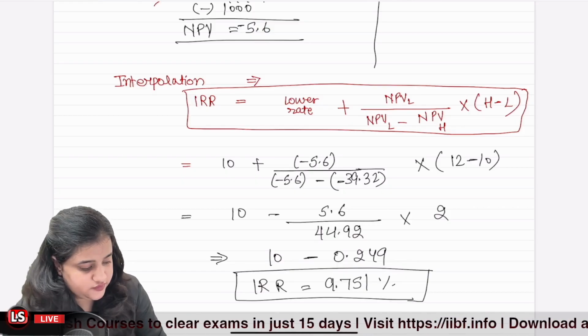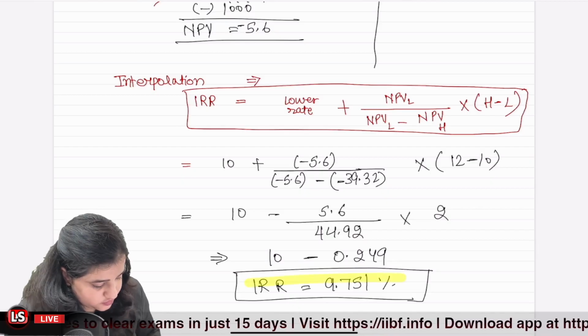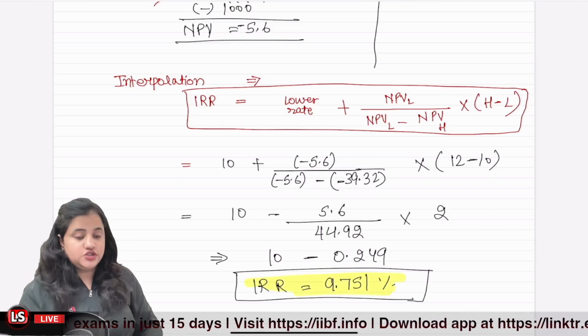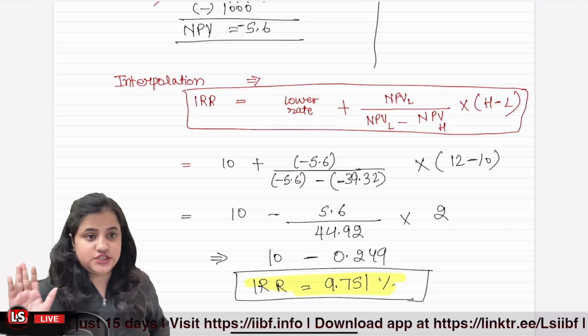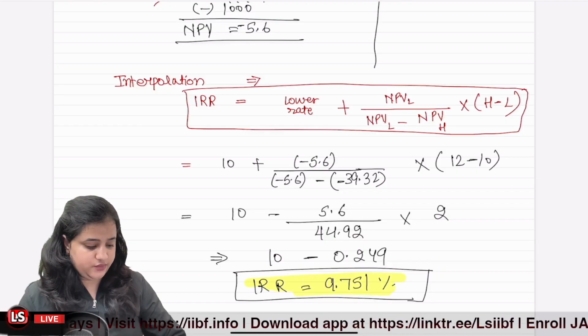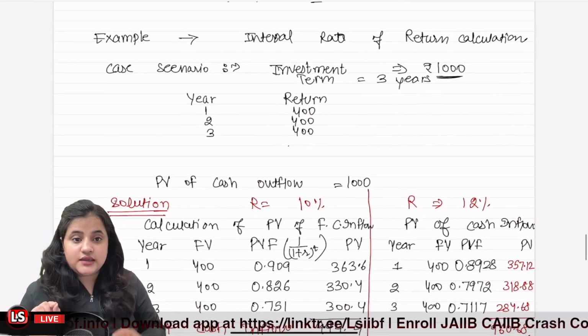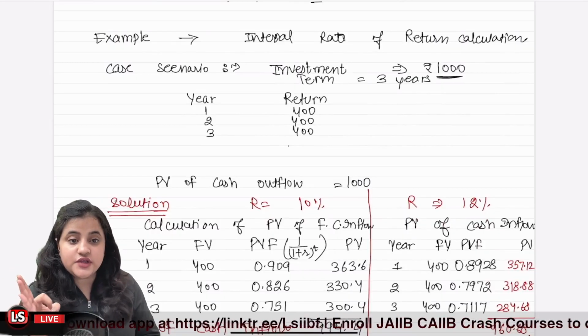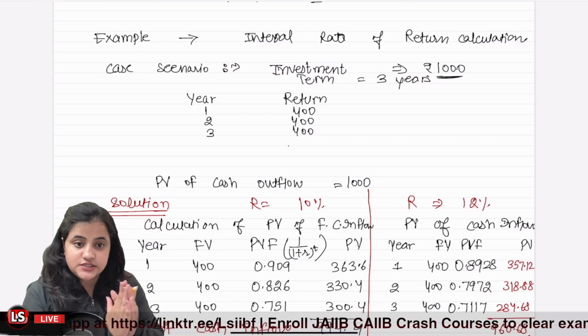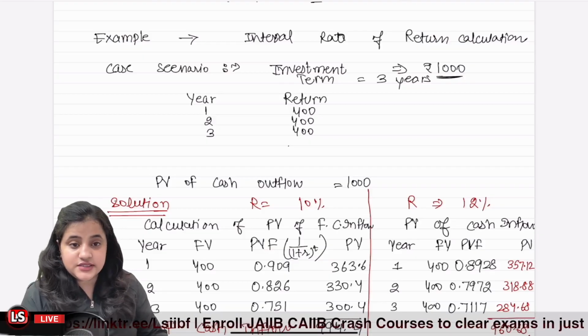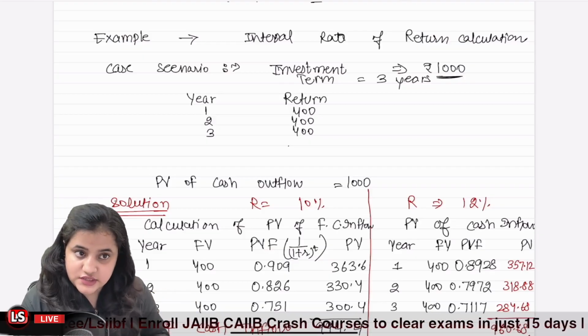So now tell me one thing, what can we conclude from this rate? So are you clear on the calculations? Let's quickly recap it. So what have I taught you? What is IRR? The rate at which NPV will be zero. IRR is the return that my project is giving me.